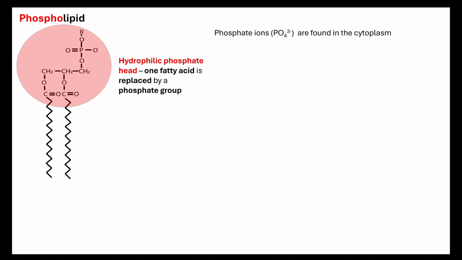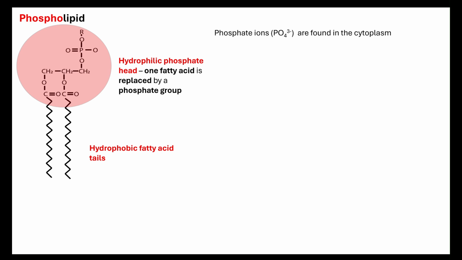We say that the hydrophilic phosphate head, hydrophilic because of those extra electrons in the phosphate, forms hydrogen bonds with water. Now, the fatty acid chains, those fatty acid tails, are hydrophobic because they are made up of carbon and hydrogen atoms which are evenly sharing their electrons. So they are hydrophobic. They are a non-polar region.